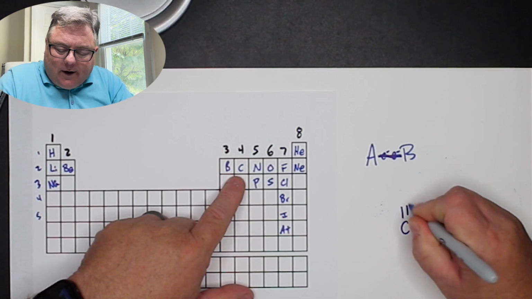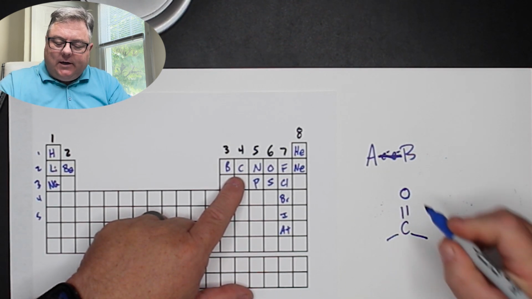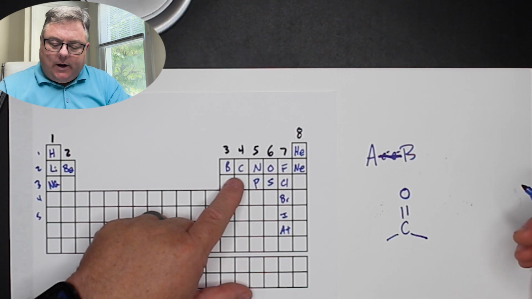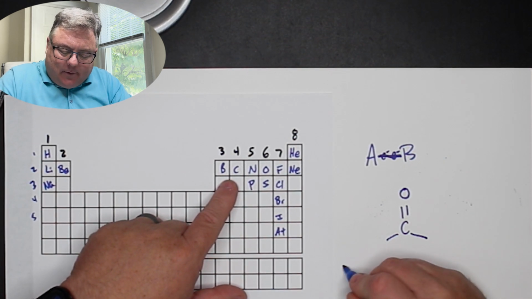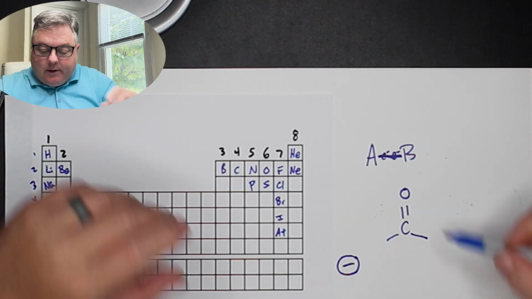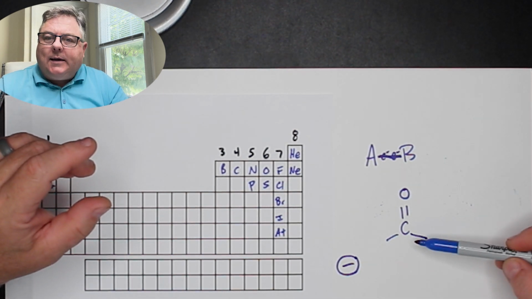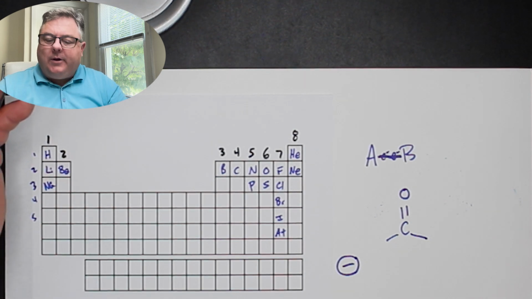Well, in the future, you might see something like a carbon double bonded to an oxygen in some kind of reaction. And maybe I have some other negative molecule that's going to react with this carbon double bonded to an oxygen. Where will it react? The oxygen, the carbon, something else?